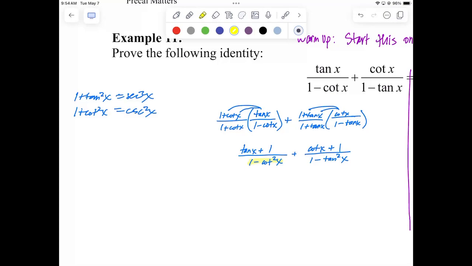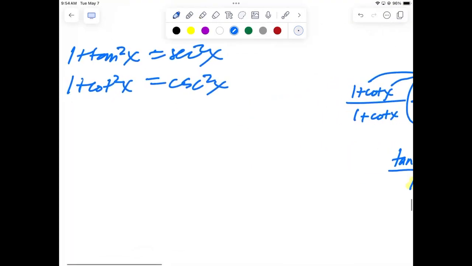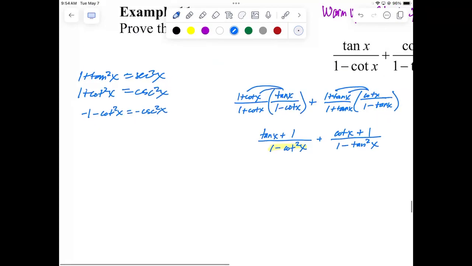Are you sure? If I multiply both sides by negative, I get negative 1 minus cotangent squared is negative cosecant squared. Do I have negative 1 minus cotangent squared? No, I have what? 1 minus cotangent squared. Guess what 1 minus cotangent squared is? It's nothing.